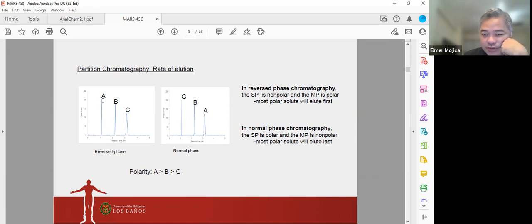Here, A, being the most polar, will elute first because the most nonpolar is retained more in the nonpolar stationary phase. Now, in normal phase chromatography, the stationary phase is polar, hence the most polar is the one that is retained the most and elutes last. And the mobile phase is nonpolar. Hence, C here, which is the most nonpolar, is the one that is eluted first.